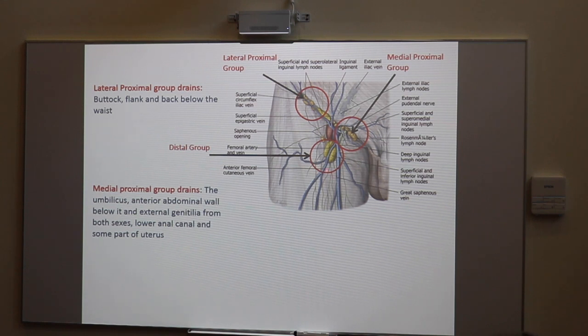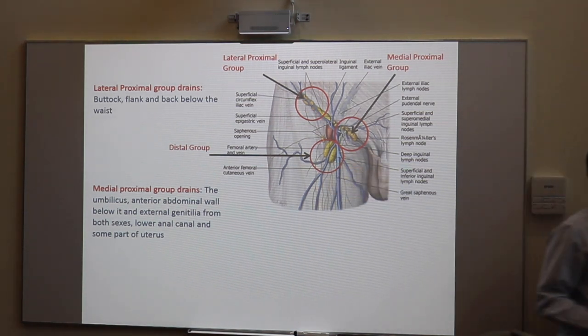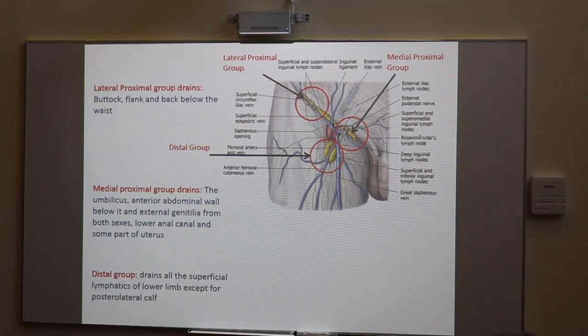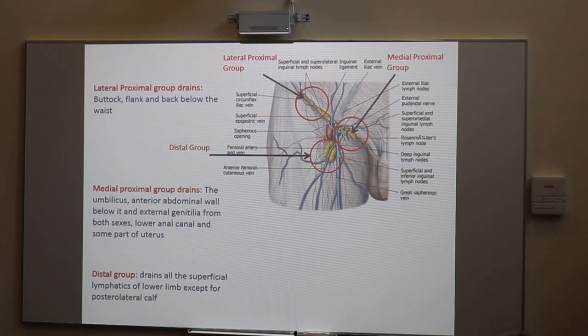The distal group which you see here is going to drain all of the skin of the lower limb except the posterior lateral calf. So except this posterior lateral calf, all of the skin of the lower limb is going to drain into the distal group of the superficial inguinal lymph nodes. So the question is, where is the posterior lateral calf going to drain?